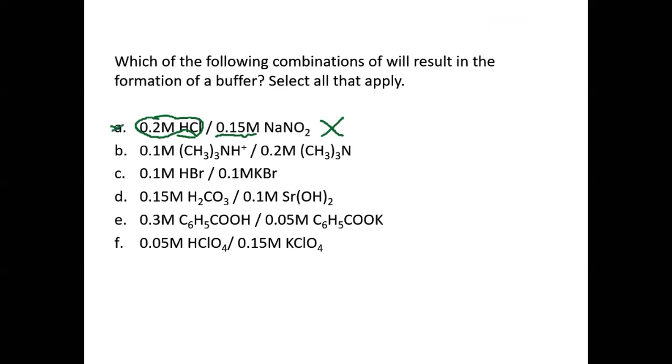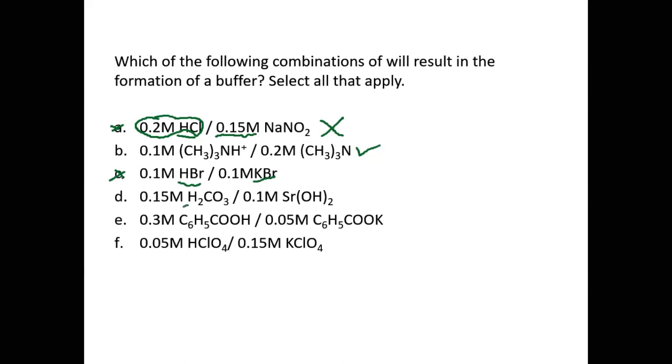Next we have 0.1 molar CH3NH3 plus and 0.2 molar CH3NH2. So t-butylamine and t-butyl ammonium cation. Is this a buffer? Yes, because they contain a weak acid and its conjugate base. 0.1 molar HBr and 0.1 molar KBr. Is this a buffer? The answer is no, because one is a strong acid, the other one is a neutral salt.